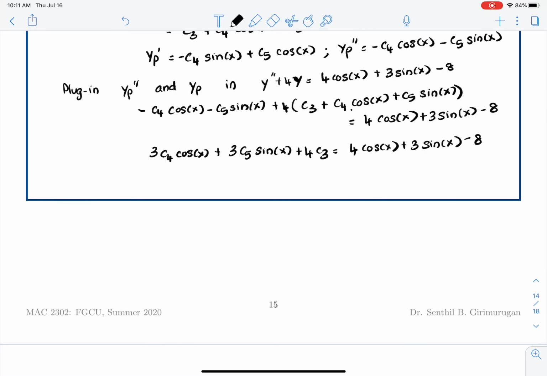By direct comparison, we could see 3c4 equals 4, 3c5 equals 3, or 4c3 equals minus 8.